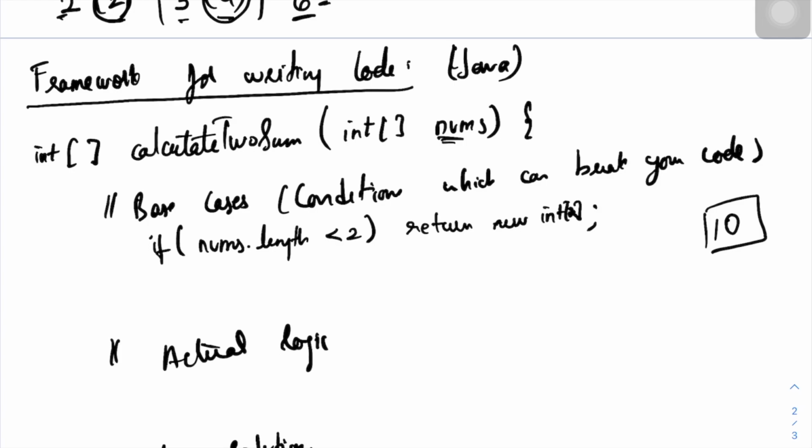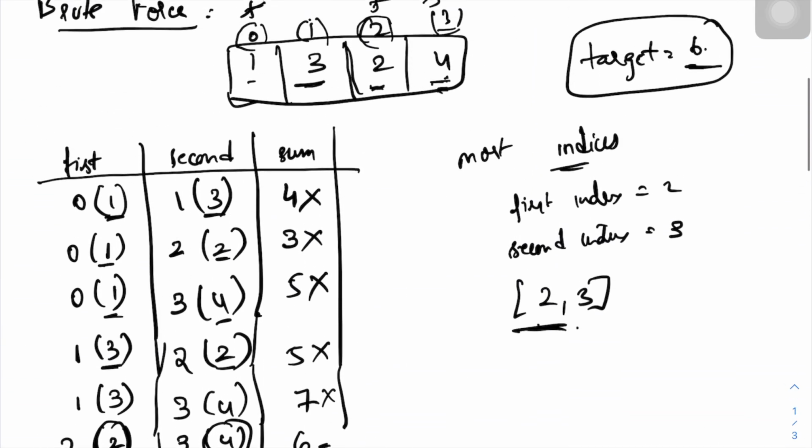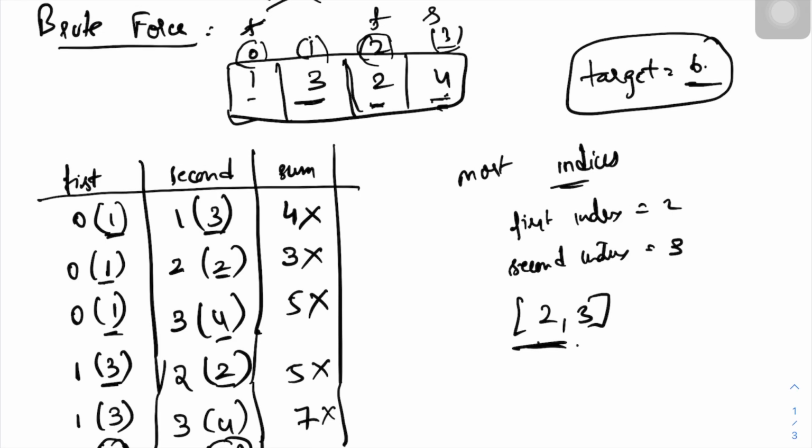Now comes the actual logic part. In our logic, it's a basic double for loop, wherein our first pointer is initialized with 0 first, and then 1, 2 and 3, whereas our second pointer always follows the first pointer.